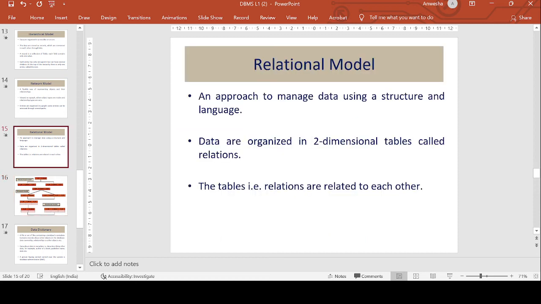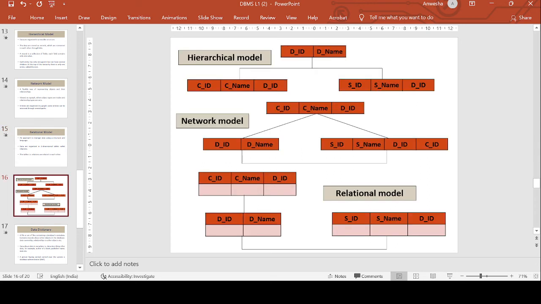Okay. Now we have the relational model. An approach to manage data using a structure and a language. Data are organized in 2-dimensional tables called relations. The tables, that is relations, are related to each other. So here we have student, department and course. Students study in a particular department. So this is the relation. Course: department runs these courses. So this is another relation. So here the data are stored in tables.